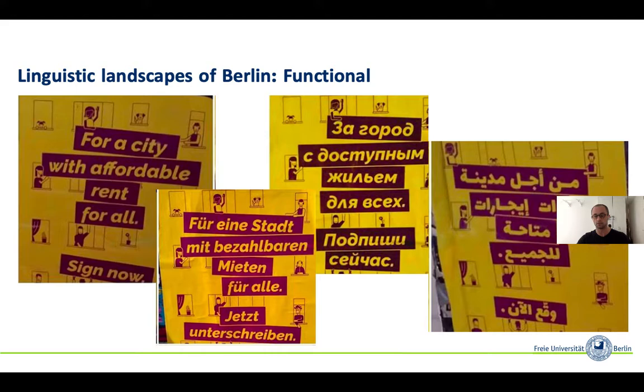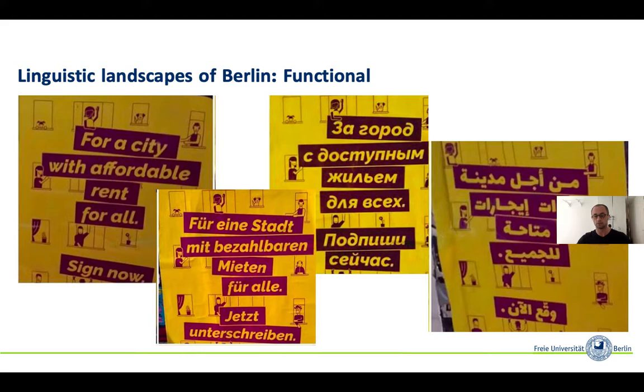Then again, what you can distinguish when you analyze the linguistic landscape of Berlin is why certain languages are chosen. This is something that I've already touched upon a couple of seconds ago.